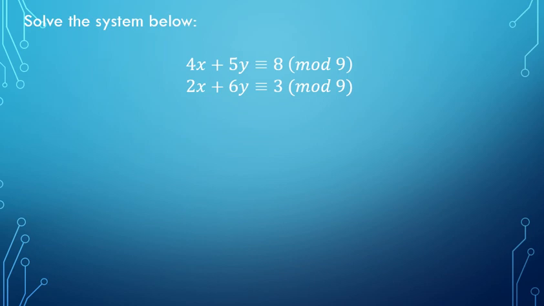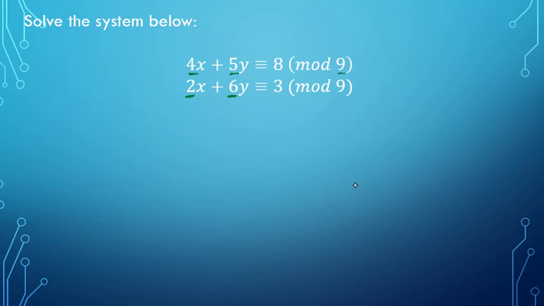So this is our system that we're going to solve. 4x plus 5y is congruent to 8 mod 9, and 2x plus 6y is congruent to 3 mod 9. First thing we have to check, does the GCD of ad minus bc and my n value equal 1?